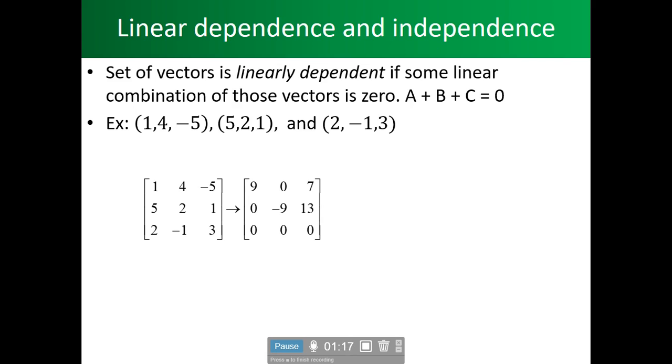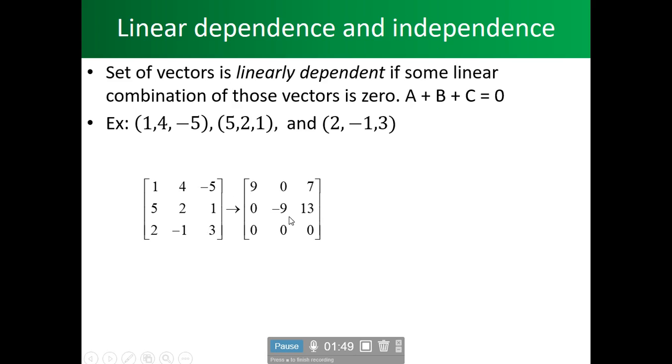Two vectors, like i and j, are linearly independent because there is no number a or b, as long as it's not 0, such that the linear combination ai plus bj is 0. In general, a set of vectors is linearly dependent if some linear combination of them is 0. So that's what we have up to A, B, C equals 0.